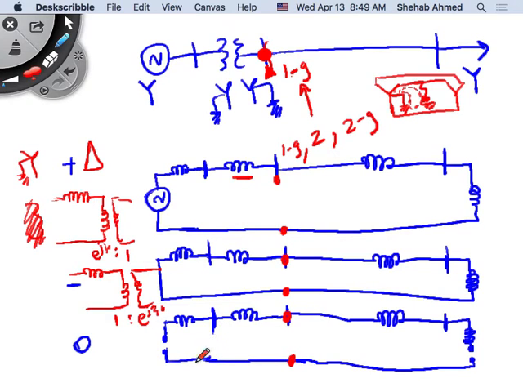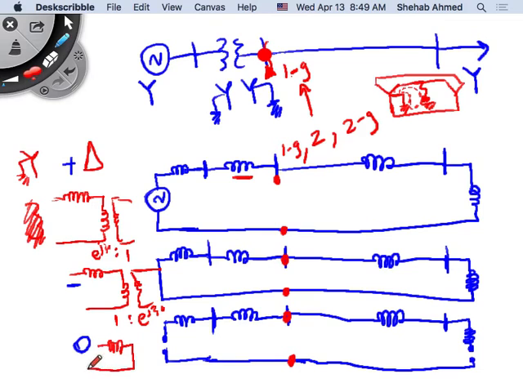How about for the zero sequence? Now what you're saying will come into play. Zero sequence will be what? Based on the paper, it's like a series impedance, and then there's a short circuit.